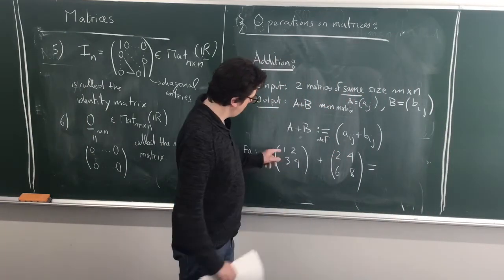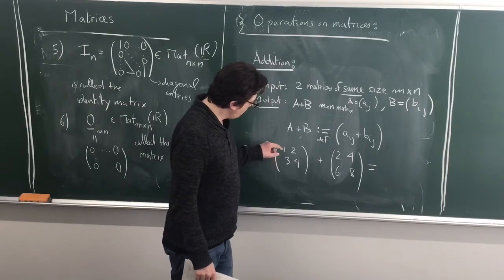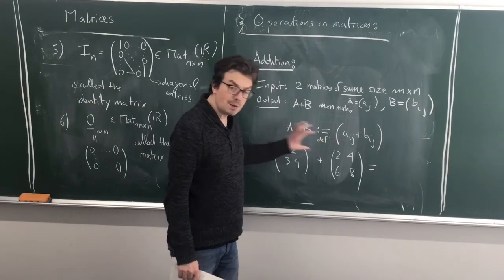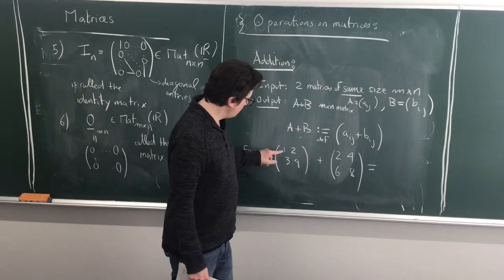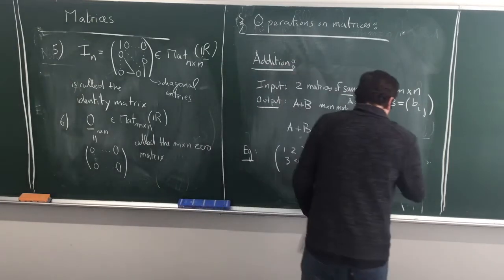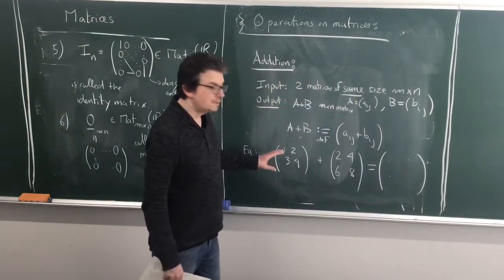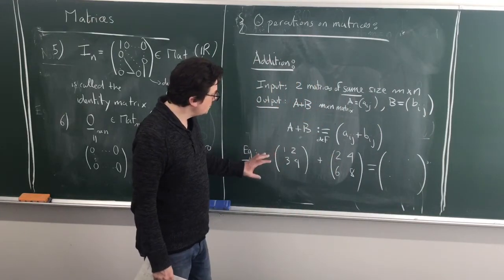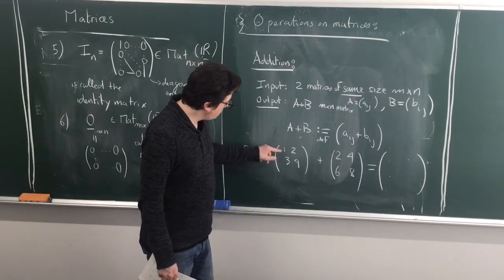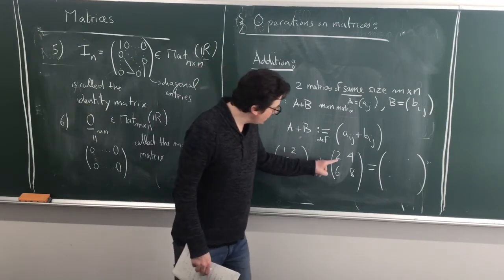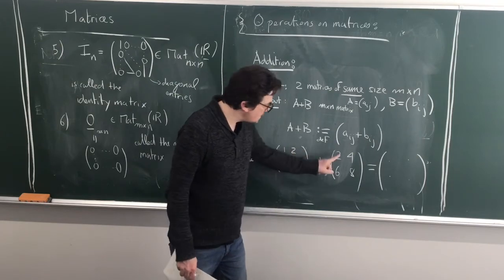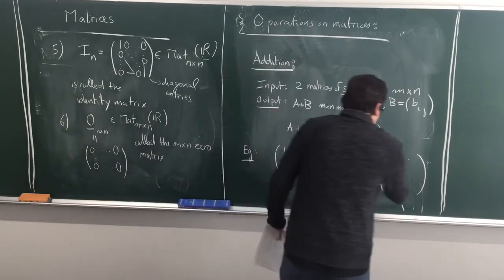The operation is given by this formula. It means that I'm going to add component-wise, component by component, which means that here I will get 4 coefficients. Now, how to obtain each coefficient is as follows. You pick the first coefficient in the corner, 1, and you add it with the one in the same position, so 1 plus 2.